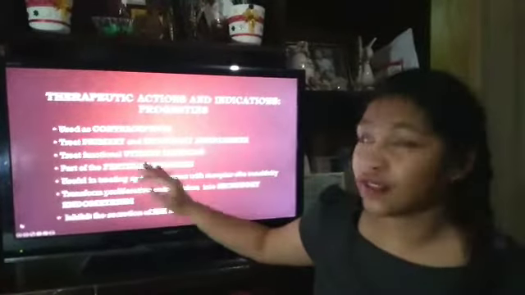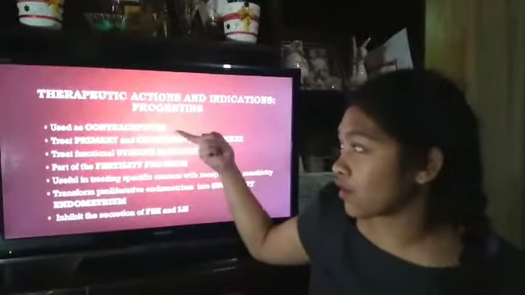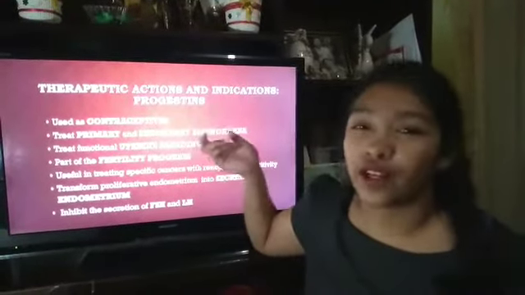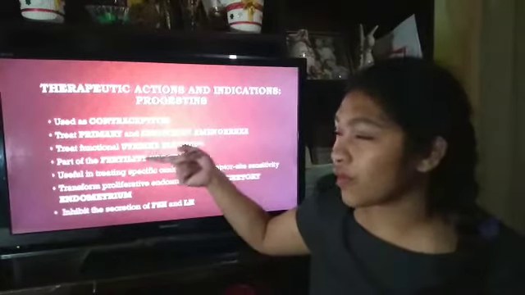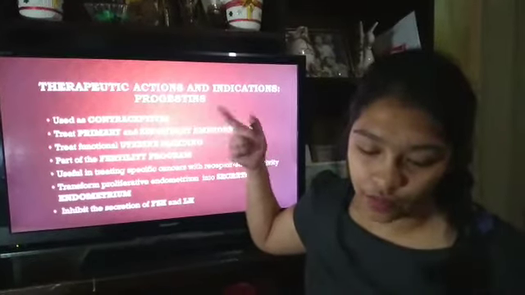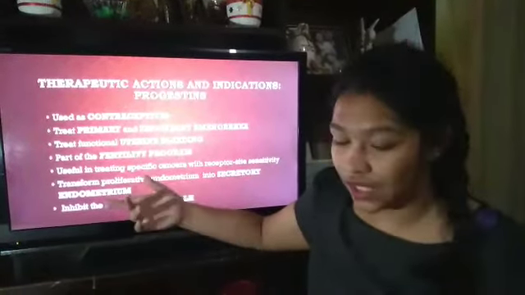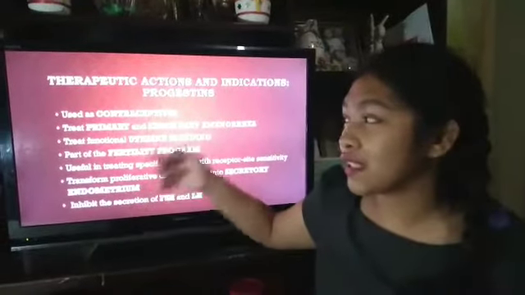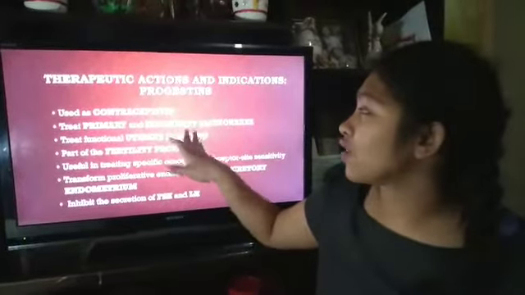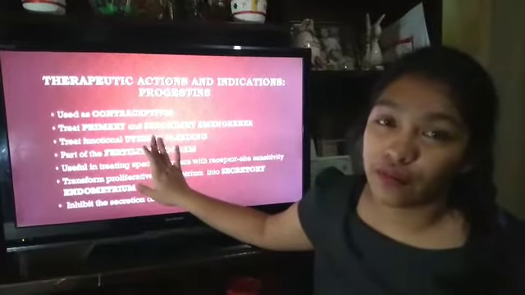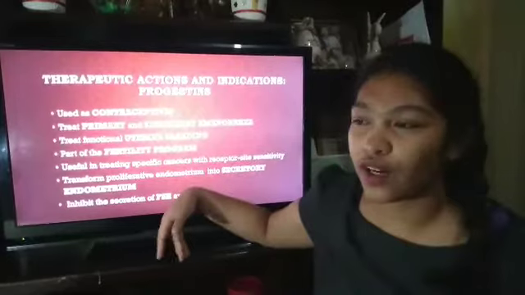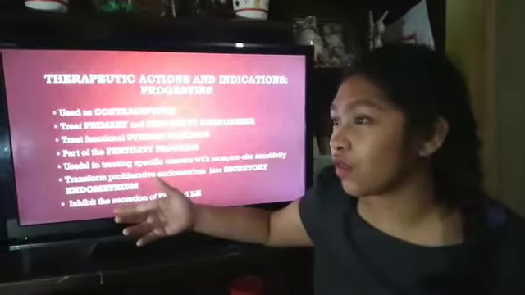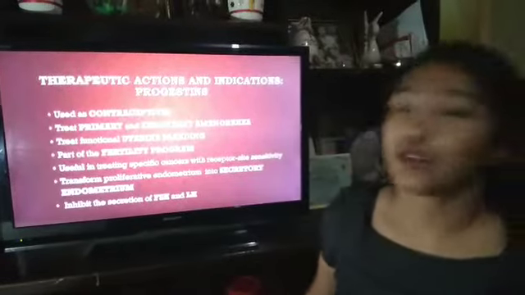Next is progestins. It is used as a contraceptive. It treats primary and secondary amenorrhea. The difference is that primary is when the menstrual period has never begun at 16, and secondary amenorrhea is the absence of menstruation for 3 consecutive months, or it may last up to 6 months.